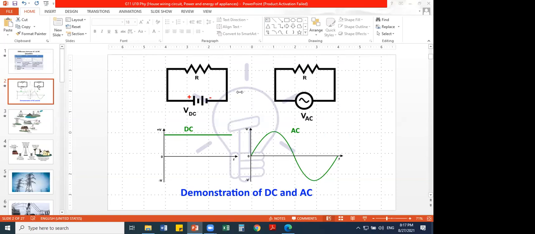Now if you compare water supply and electricity supply in your house, with water supply you don't return that water again to the water board, but electricity is different. Electrons flow in, and there must be a path for the electrons to flow out. Otherwise, electrons entering the domestic or home electric circuit would vanish.